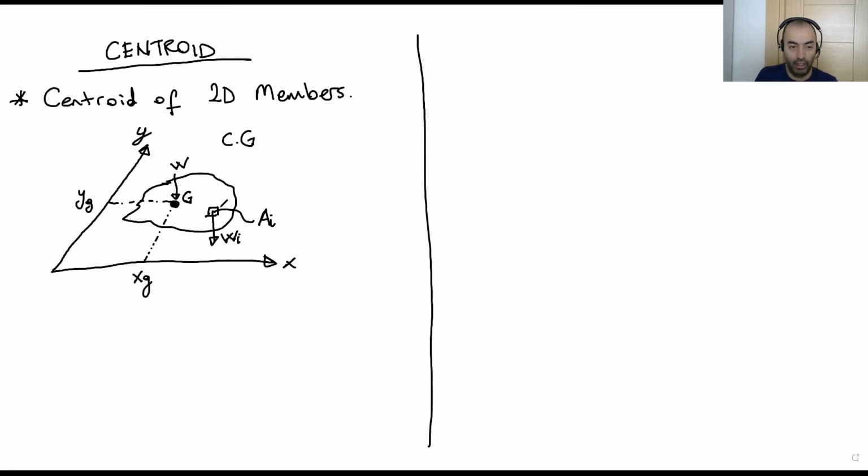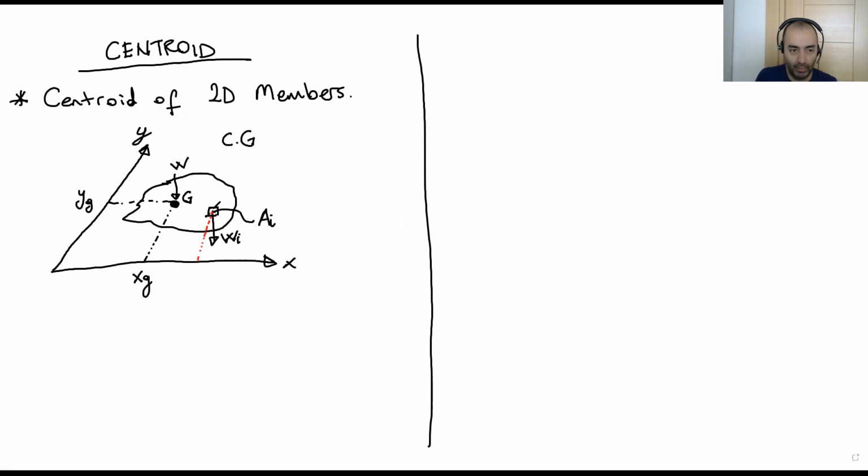So let me change the color. For this member, this small member, I'm just looking at this small square member. It has a center point. This Wi acts on this center point.